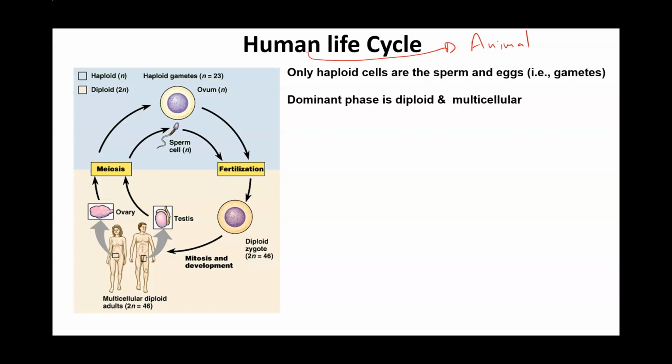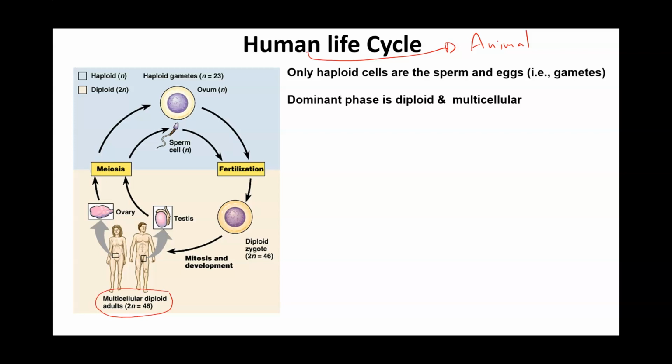So we're going to unpack some terminology that hopefully is a little bit familiar to you from your prerequisite course. So let's start with the adult, male and female. They are multicellular and diploid, right? In other words, every cell in their body except for sperm and eggs has 2 copies of every chromosome, and they're multicellular. Okay?